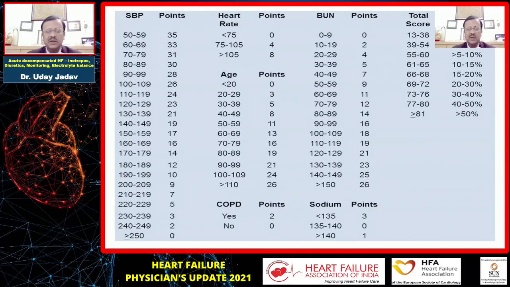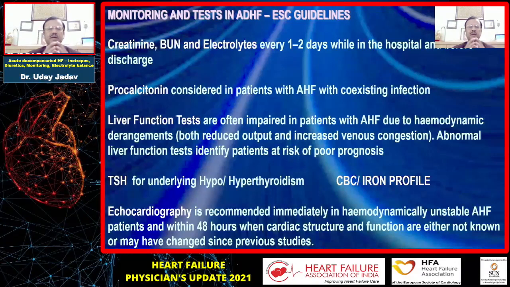Remember, hypo and hypernatremia both are taken into account when you calculate the scores. So this simple scoring system helps you to understand how sick your acute heart failure patients are and how you are going to treat them in clinical practice.